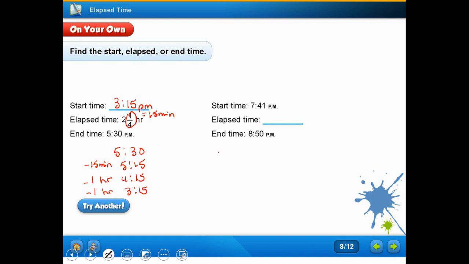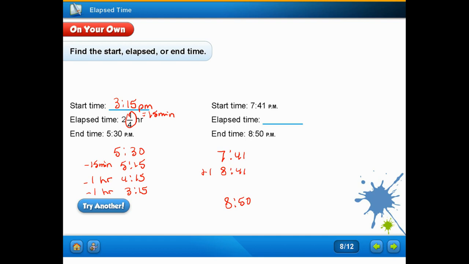And then lastly, we have a start time, and we have how much time has gone past. So I'm going to show you guys how to do this. I'm going to start at 7:41, and I have to end at 8:50. Now, can I fit an hour in, right? So 7:41 plus 1 hour is going to be 8:41. So I can. So I'm going to add an hour, and it's going to get me to 8:41. Now, I've got to figure out, can I add another hour from 8:41 to 8:50? No, I cannot. But I can add minutes.